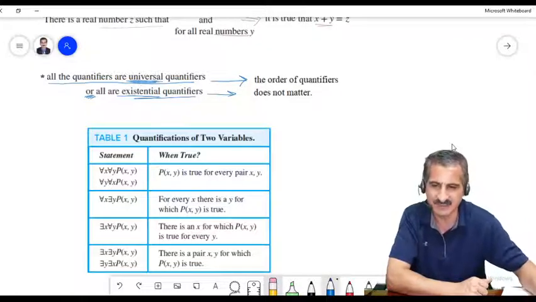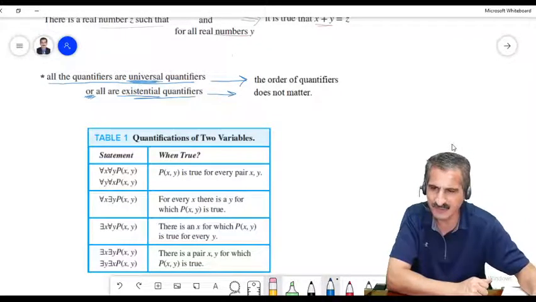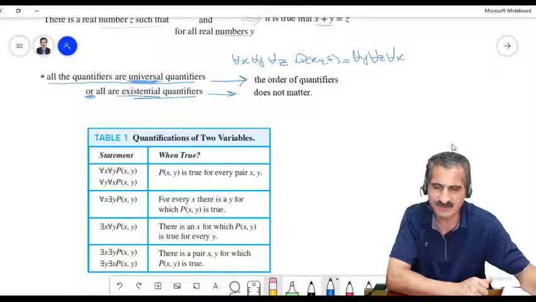What we are saying here is, if we say for every x and for every y and for every z, we have some statement, say it is Q of x, y, z, then it does not matter if I change the order and say for every y, for every z, for every x, Q of x, y, z. We still have these statements to be equivalent.